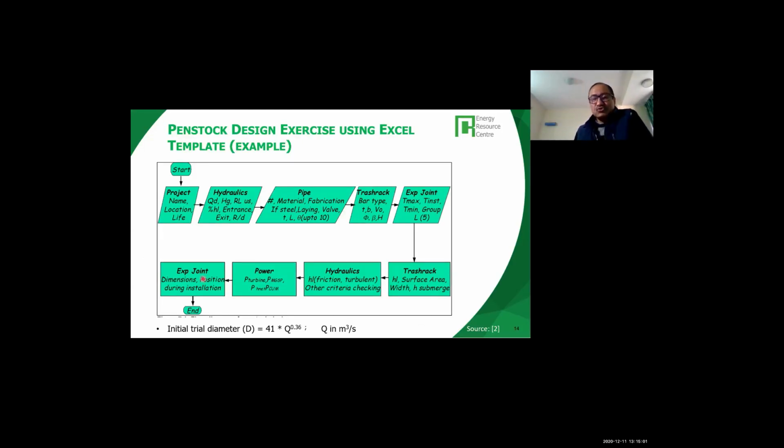Now I will just come to the exercise part of the penstock using the Excel sheet exercise 2 I shared earlier.